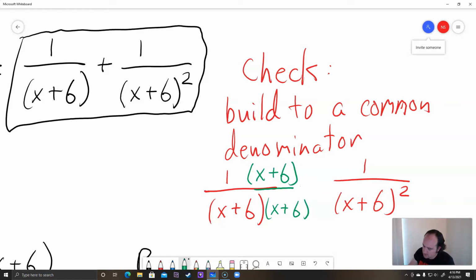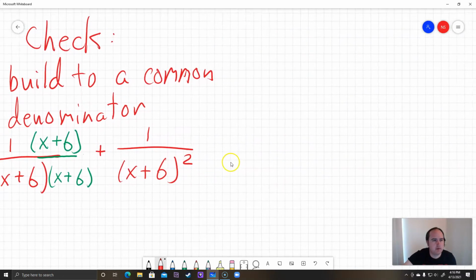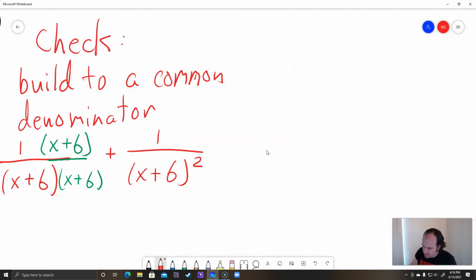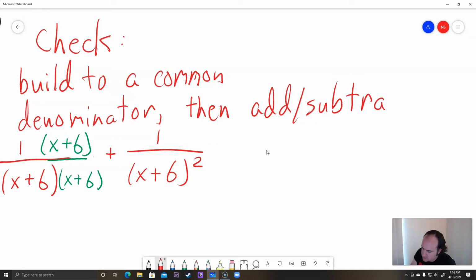Okay, so you build them to a common denominator like that, and then you add or subtract based on whether it's a plus or a minus. This one was a plus. Okay, so you build to a common denominator, then add or subtract. And if you get the original single fraction that you started with, that means you did it correctly.